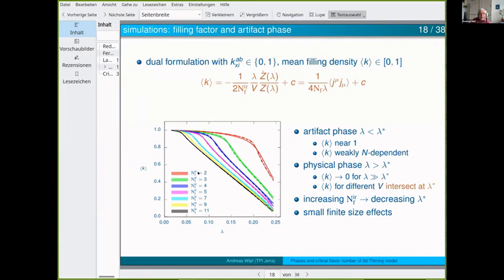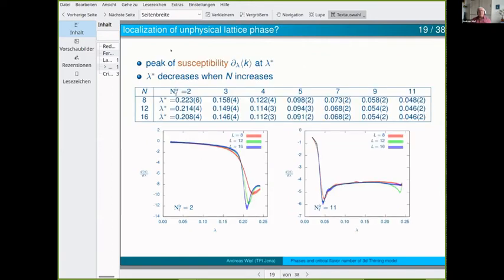And the lines, they cross here, for the filling factor. And at these crossing points, the derivative of K with respect to the coupling, which is a susceptibility, has a dip. And with increasing volume, the dip is getting deeper and deeper. So we associate a phase transition with this would-be singularity.